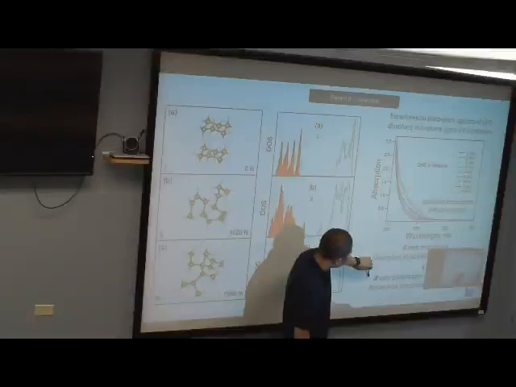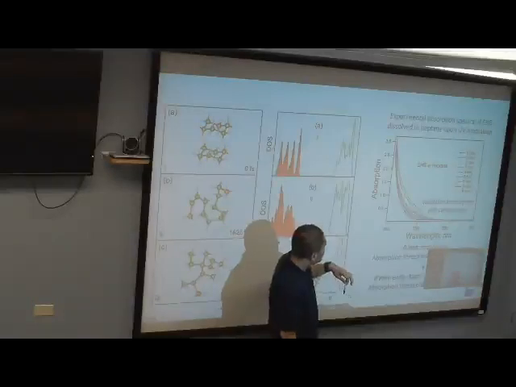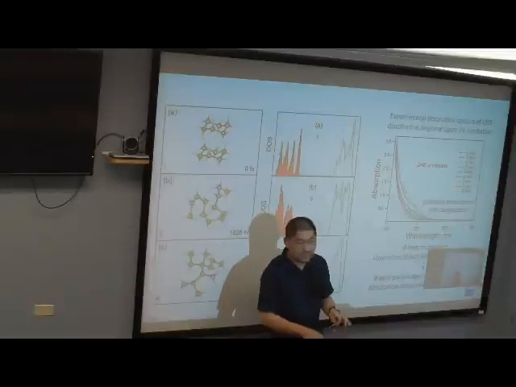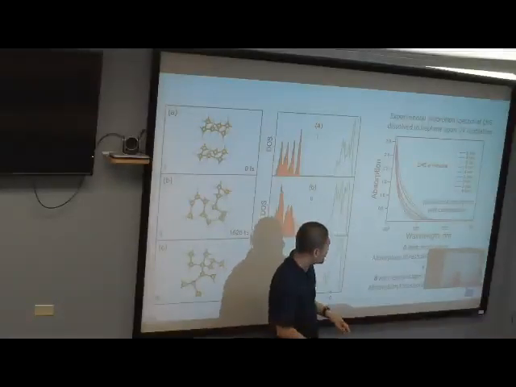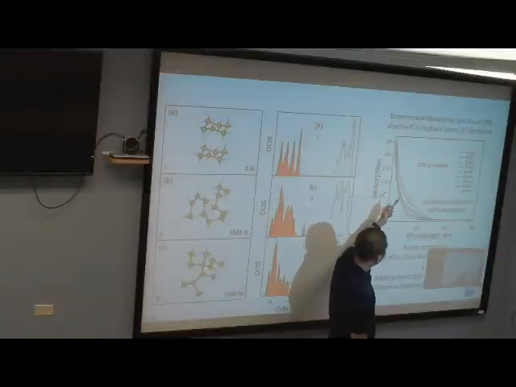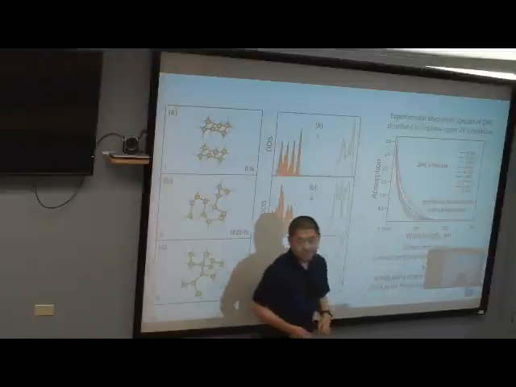And at 80 minutes, we can see the band gap is about 4.4 electronvolts. At this stage, this corresponds to early stages of photopolymerization. So our results are in qualitative agreement with computation.